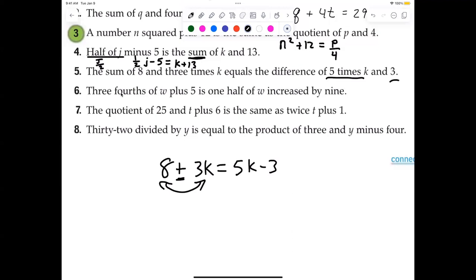All right. Next, number 6. Mr. Green, go ahead. Yep. Perfect. Number 6. 3/4 W plus 5 equals 1/2 W plus 9.